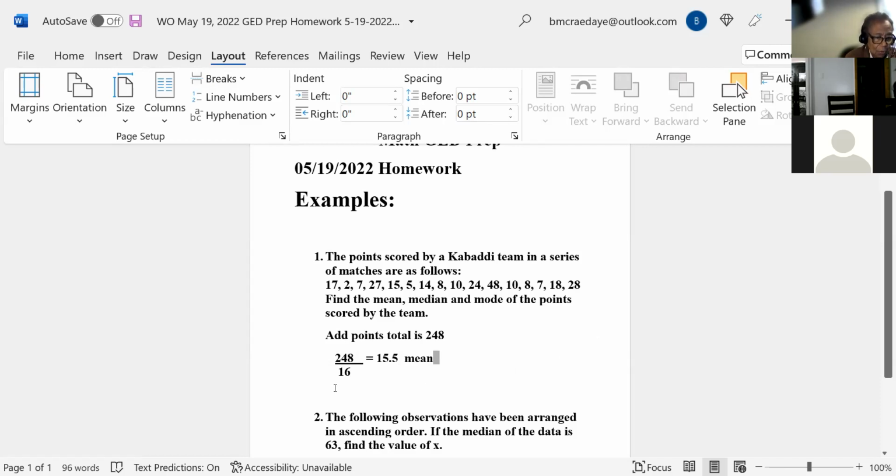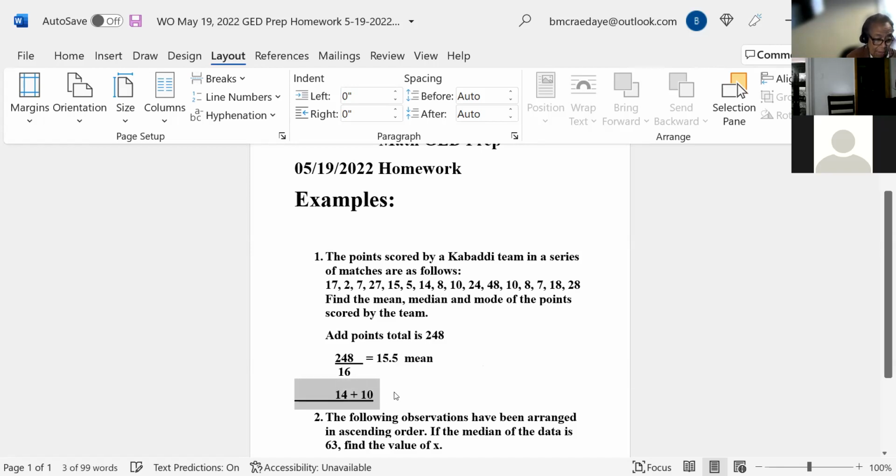Okay, so your median, and since there are 16 different points, it's an even number, so your median will be calculated from what? The two items in the middle once you put them in order. All right, so that was 14 plus 10. Those are the numbers in the middle once you put them in order.